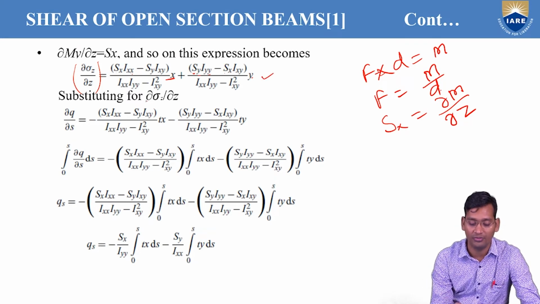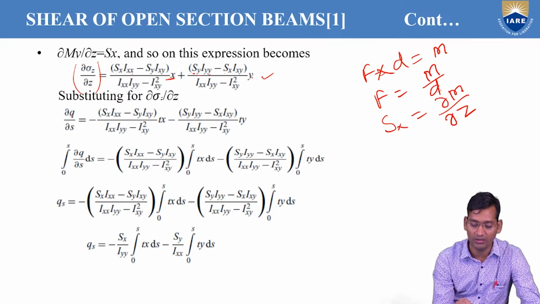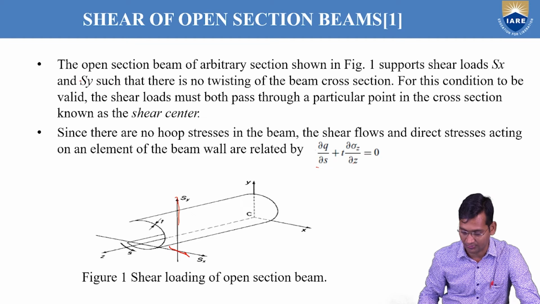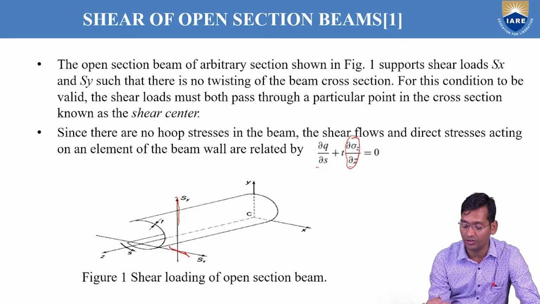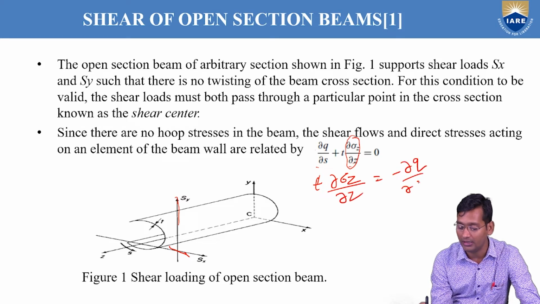Now substituting for del sigma z by del z: del q by del s equals the negative of t times del sigma z by del z, from the equation del q by del s plus t del sigma z by del z equals 0. So t del sigma z by del z equals minus del q by del s, or simply del q by del s equals minus t into del sigma z by del z.